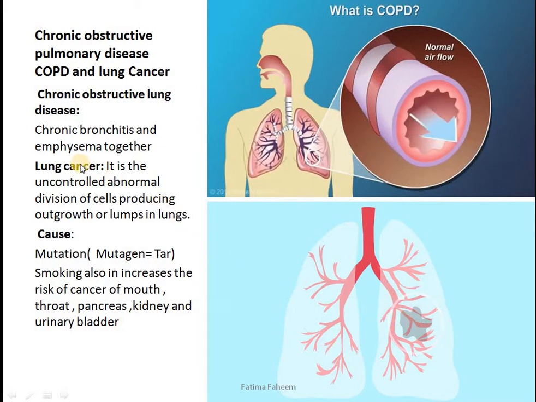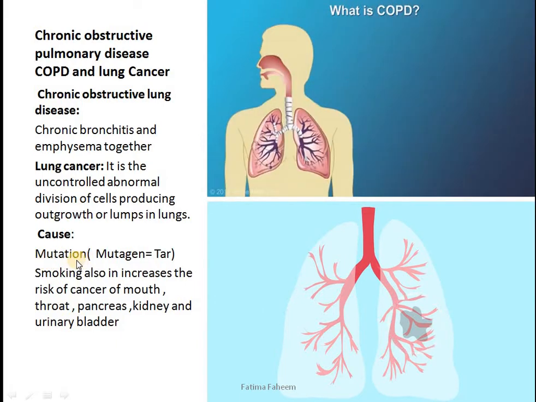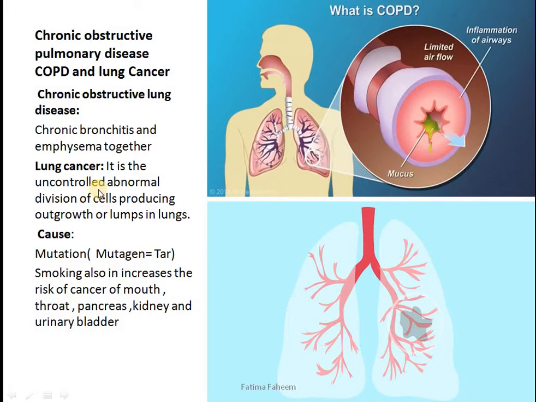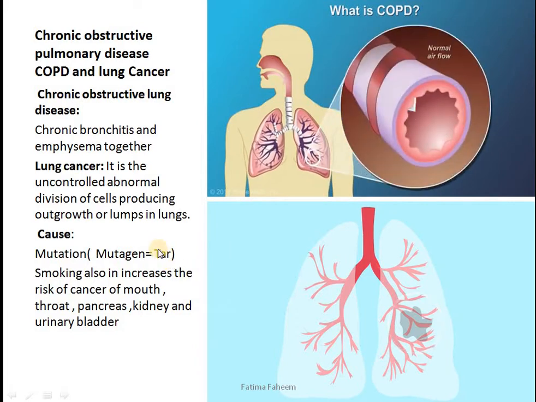What causes lung cancer or any cancer is mutation. Mutation is a sudden change in the genetic material. The cause of it can be variable. The cause of mutation is called a mutagen, and in the case of lung cancer, the mutagen is tar, or you can say tar is carcinogenic, or cancer causing.